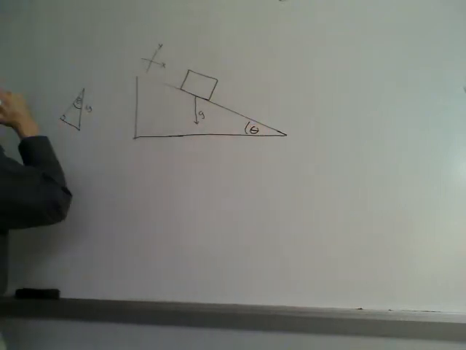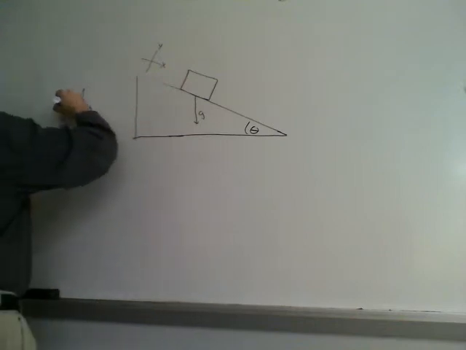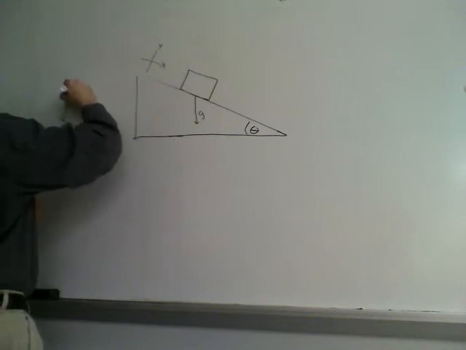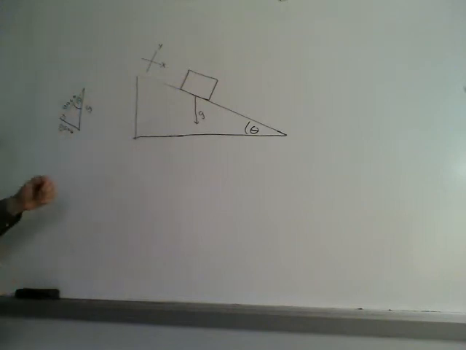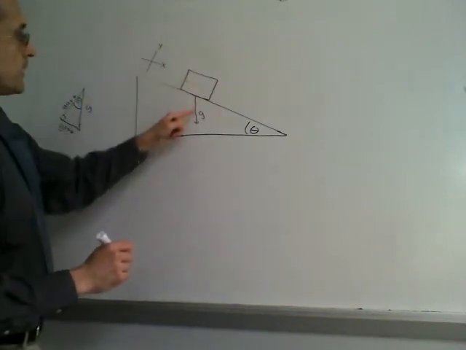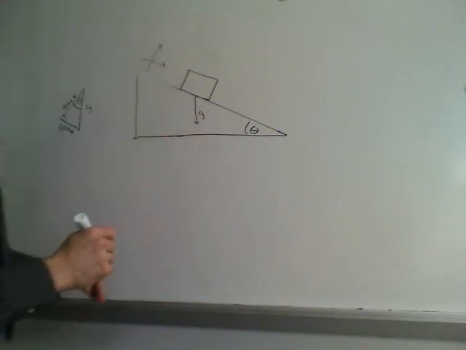So then the piece that's parallel to the plane is g sine theta, and the piece that's perpendicular to the plane is g cosine theta.